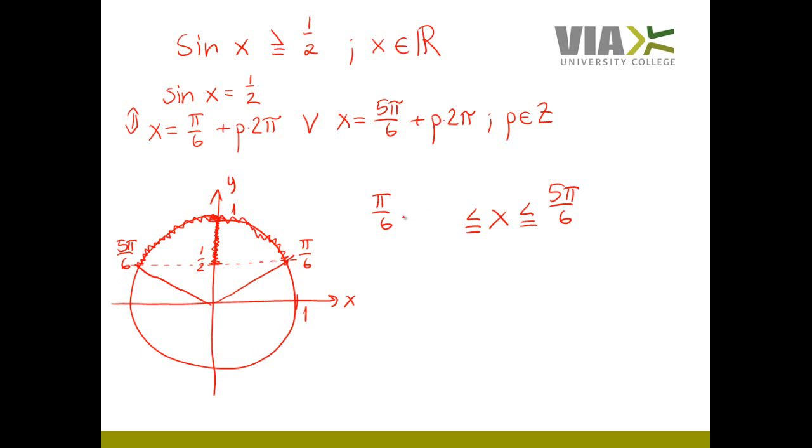So we have to include pi over 6 plus p times 2 pi. X has to be greater than or equal to that. And x at the same time has to be smaller than or equal to 5 pi over 6 plus p times 2 pi. And p has to be an integer. So that's the complete solution to this inequality in this example here.